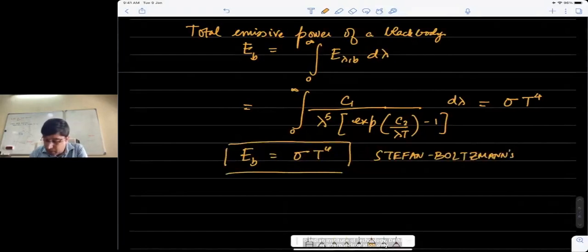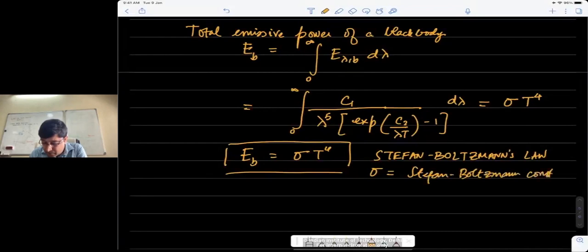Sigma is the Stefan-Boltzmann constant, which is 5.67 times 10 to the power minus 8 watt per meter square Kelvin to the power 4.